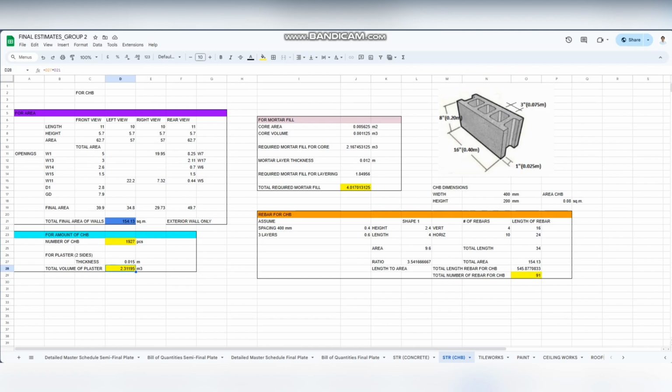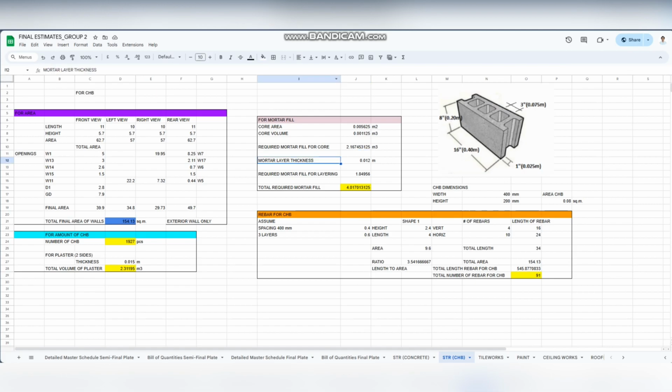So for the mortar fill, we use this picture right here, the core area, the core volume. We did here the required mortar fill for core. To get the required mortar fill for core, I multiply the number of CHB by the core volume, which yields this value.